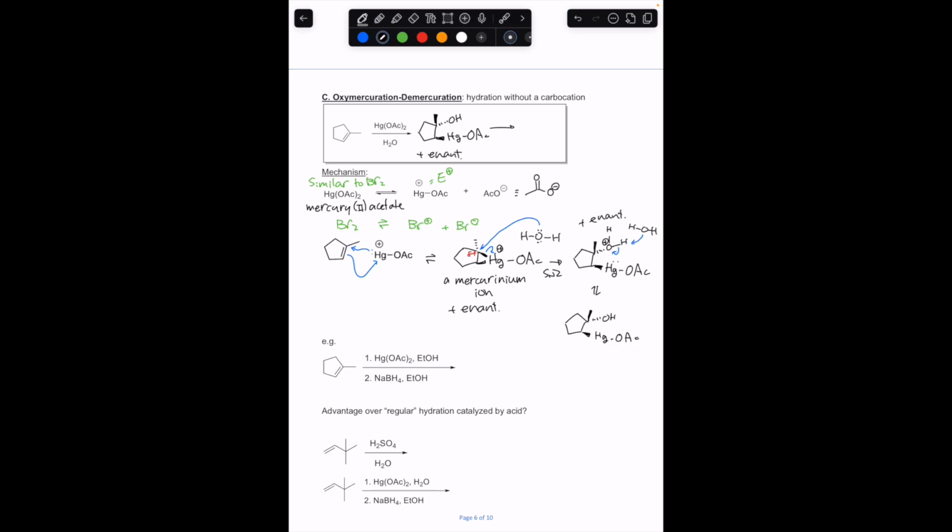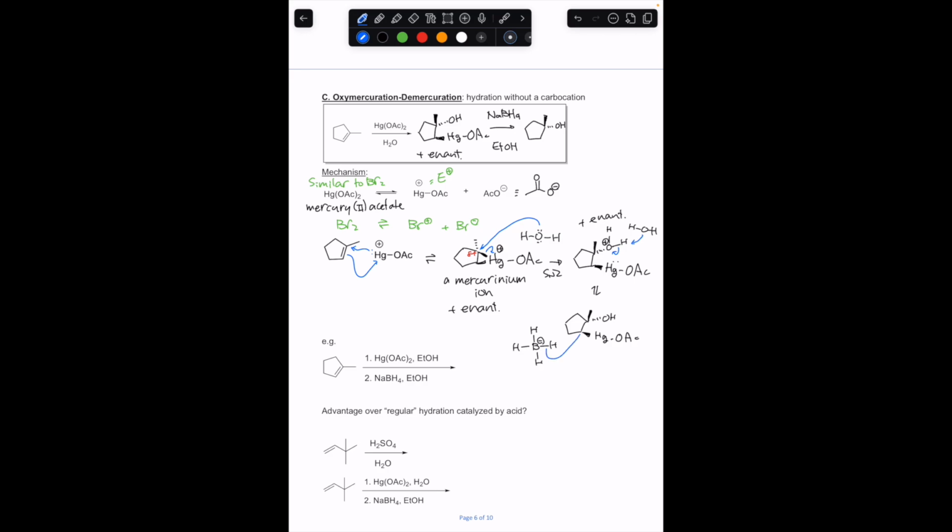The second step, you would treat this with sodium borohydride. Hopefully you remember what that does. That's a good hydride source reducing agent that reduces mercury and forms a product that looks like that. So maybe just to show that part of the mechanism. And to be honest, I'm going to show a mechanism that's actually known to be somewhat incorrect, but the true mechanism for this mercury reduction step is fairly complicated.